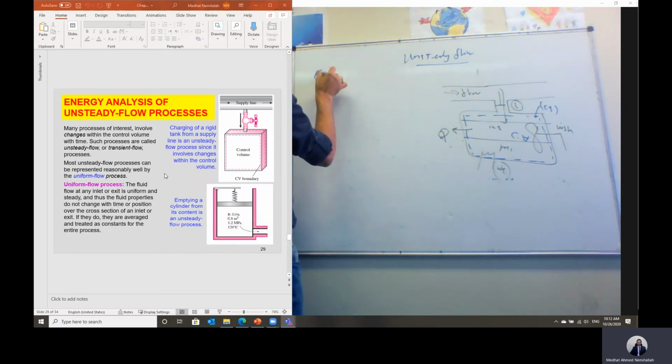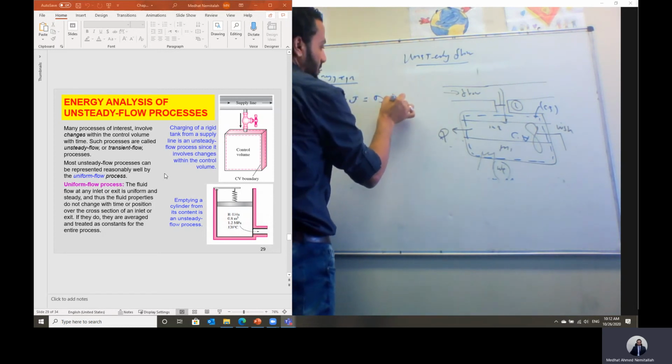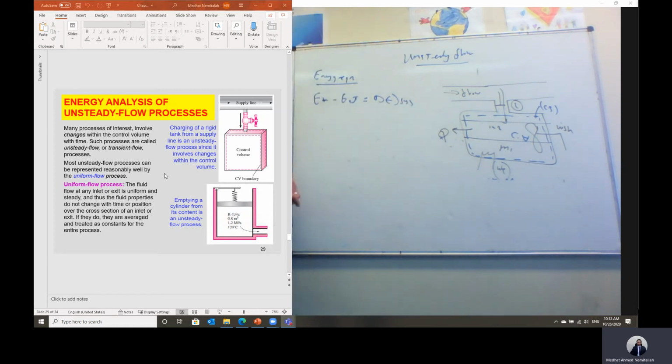So let's apply the energy equation of the first law of thermodynamics. The first law says energy in minus energy out equals the change of energy of the system, which is the final energy minus the initial energy.